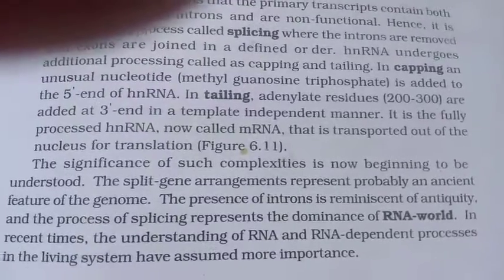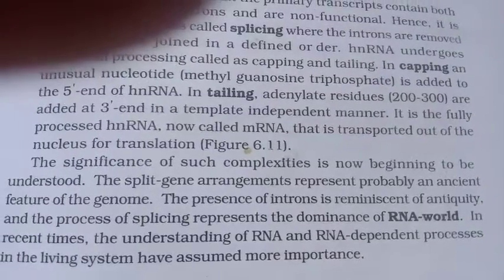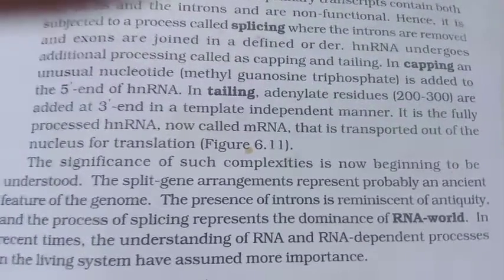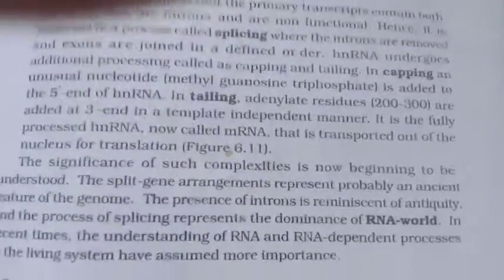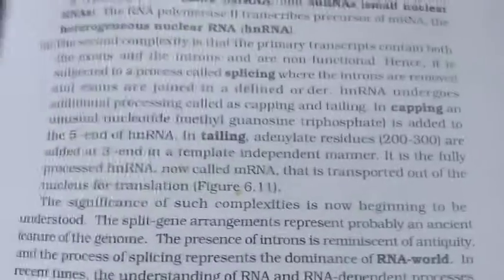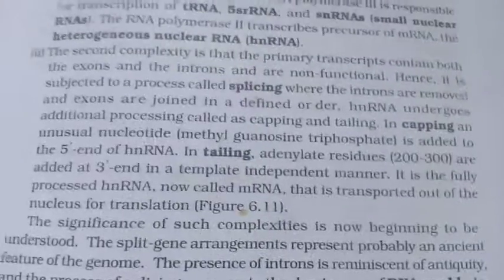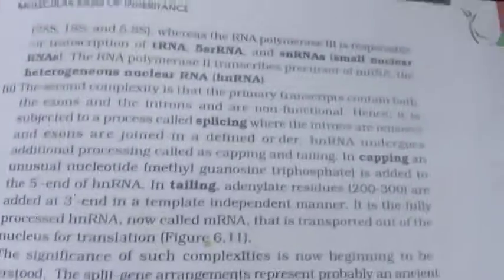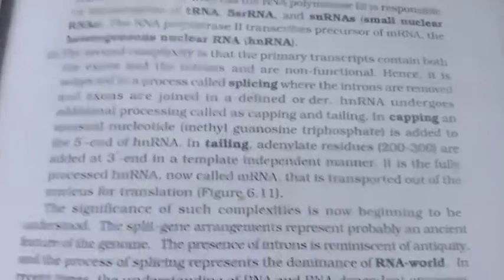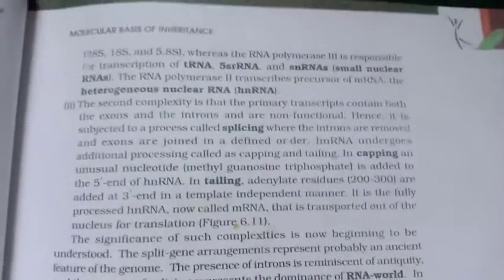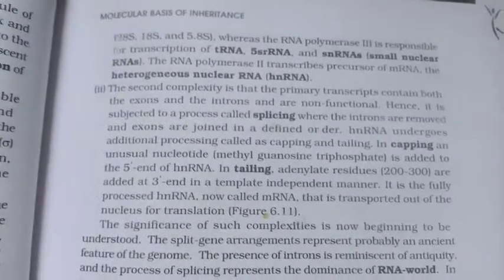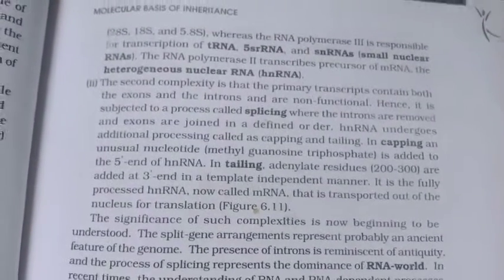In recent times, the understanding of RNA and RNA-dependent processes in living systems has assumed more importance, and this clearly shows that the primitive genetic or hereditary material was RNA, and has now been taken over by DNA in higher organisms.